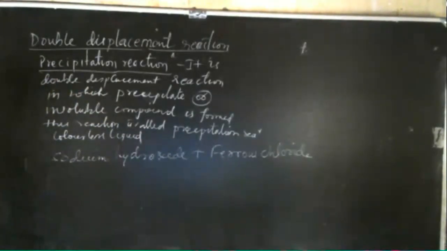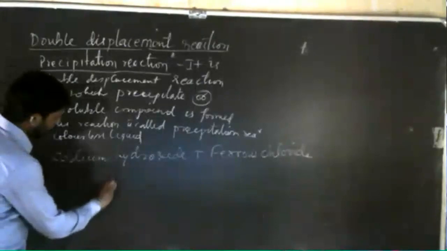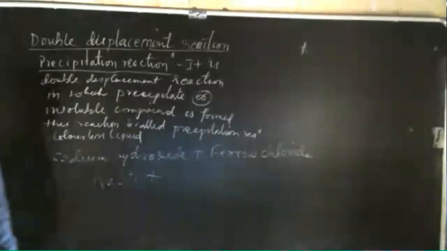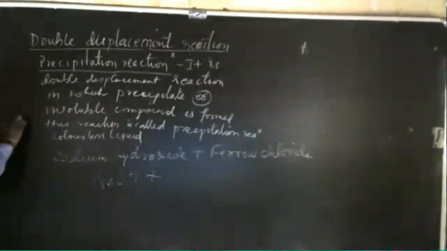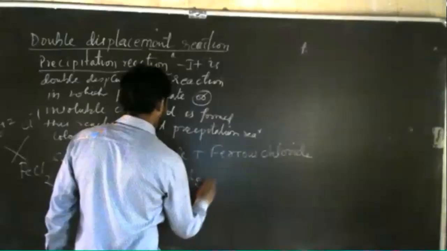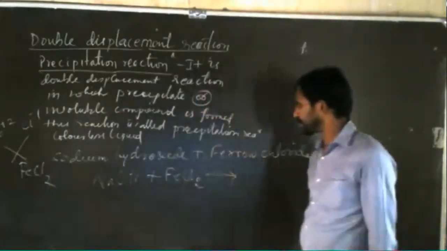Okay, read the reaction. Sodium hydroxide, that is NaOH, plus ferrous chloride, Fe plus 2 and Cl minus 1, becomes FeCl2.